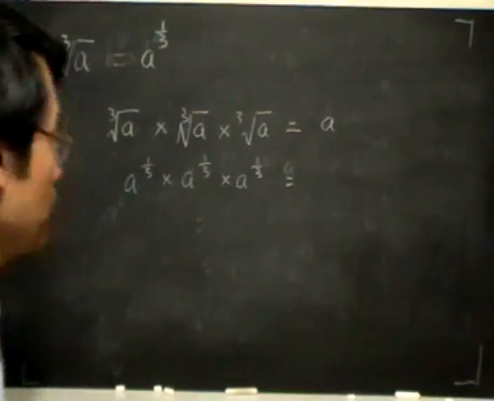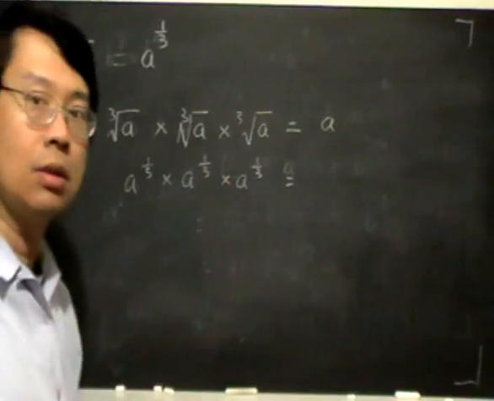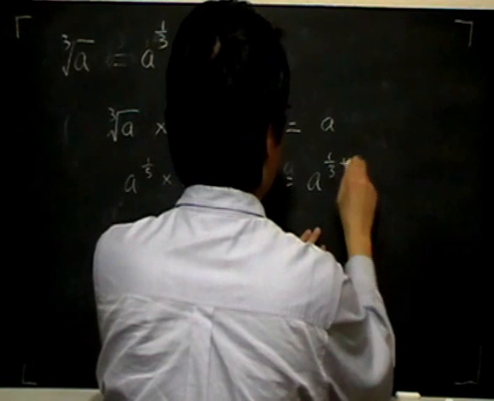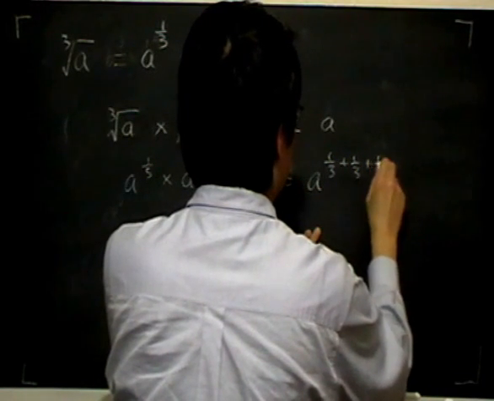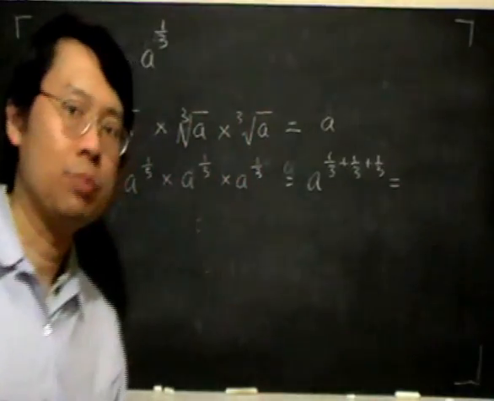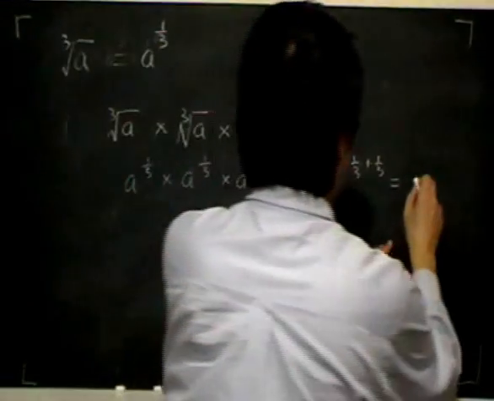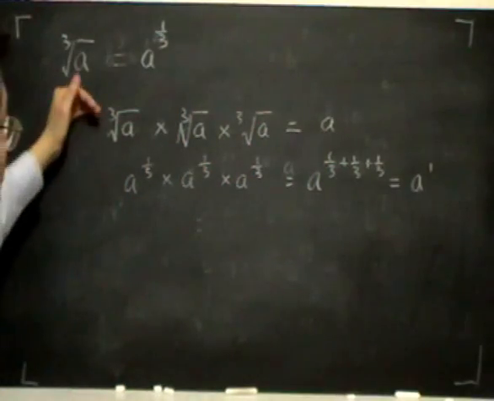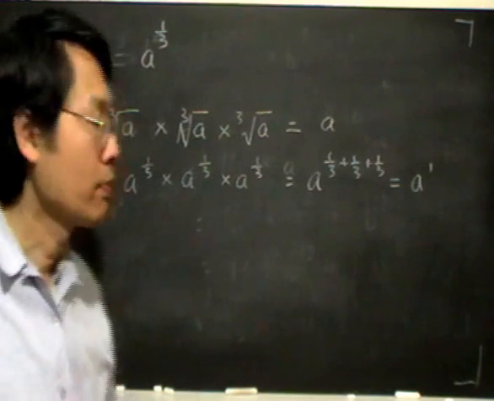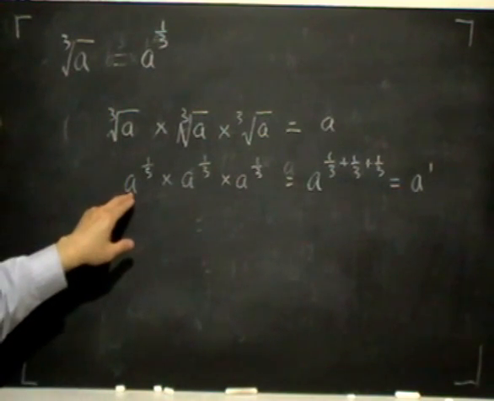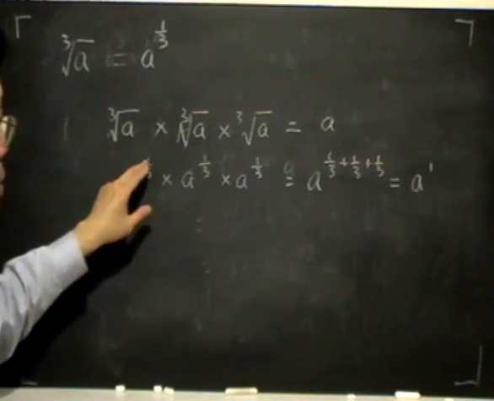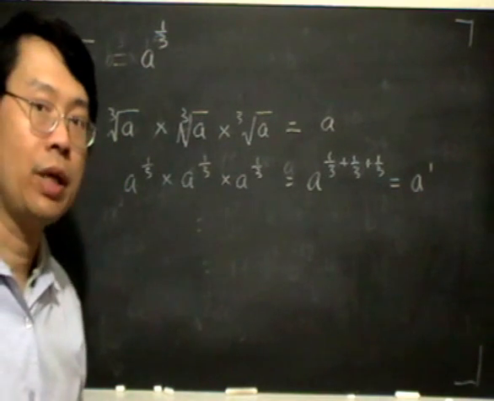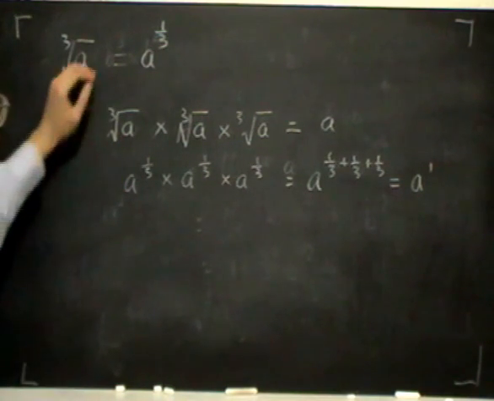If we apply the rule, we should add the powers. 1/3 plus 1/3 plus 1/3 is 1. We get a as well. So if you compare these two, therefore, we find that a to the power 1/3 really means the cube root of a. So that was correct.